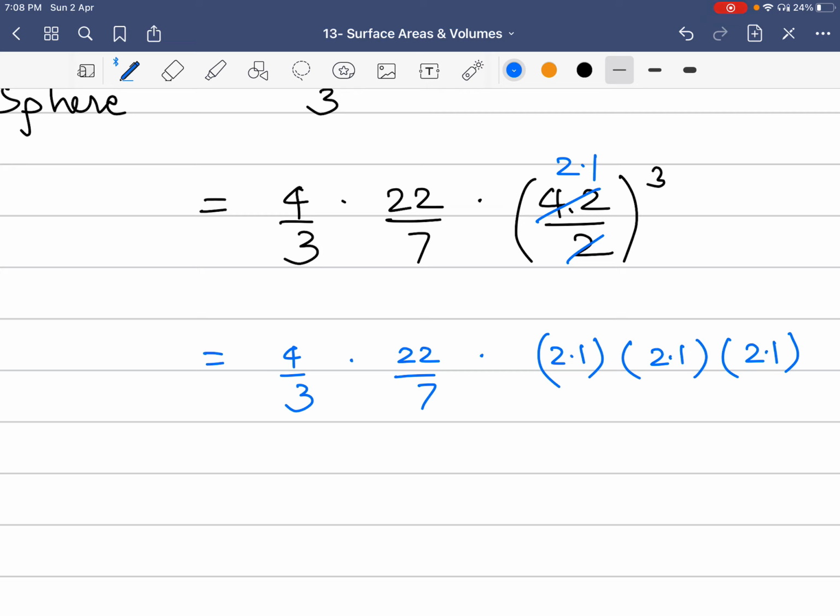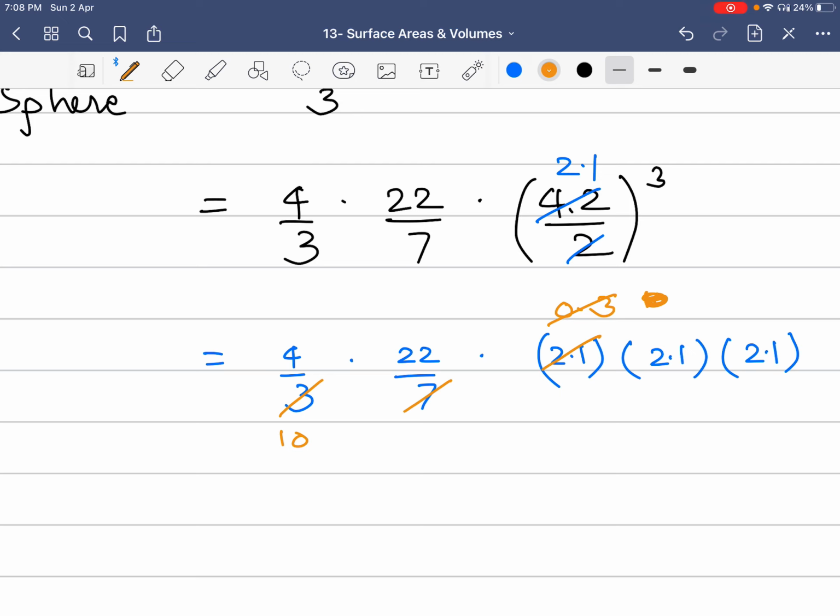So this is 7 and this is 0.3, because 7 into 3 is 21. And 0.3 into 10 will give us 3, so 10 will come here.